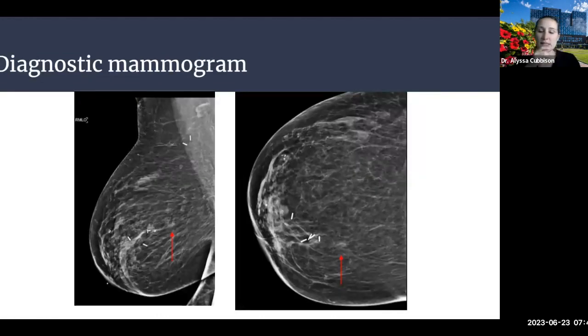And then this is one last case that I have. This was an example more so of a focal asymmetry than anything, but this patient did have a history of invasive ductal carcinoma years past that underwent lumpectomy. You can see her surgical clips that were here within the upper inner right breast.